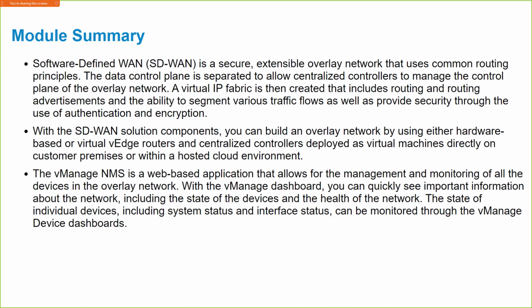What is the virtual fabric? We talked about the different components to build the overlay network. What is hardware versus software-based components, vEdge routers, controller components, and so on. We talked about the NMS, the web-based application, and how we can see visibility into the network and so on.